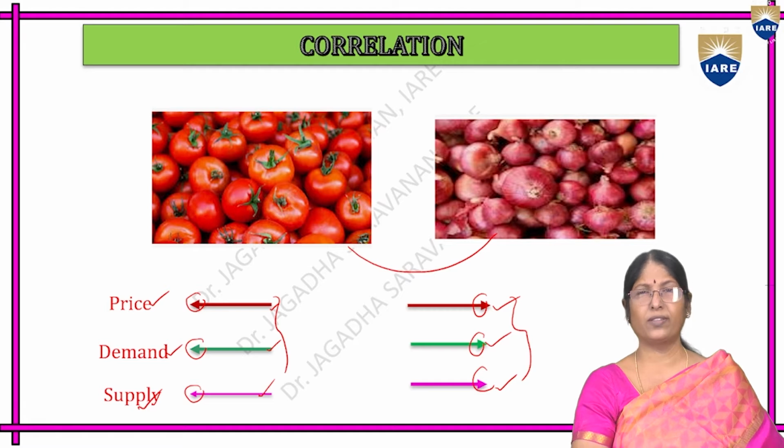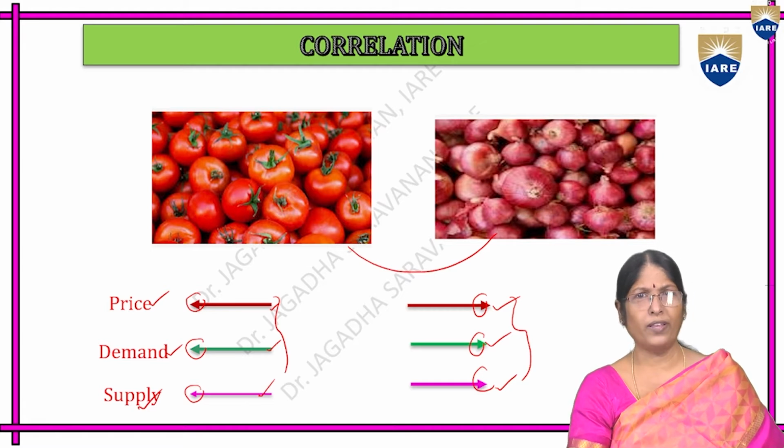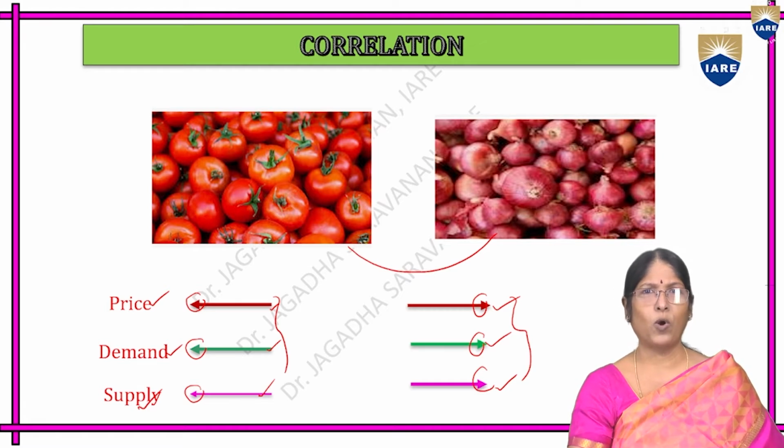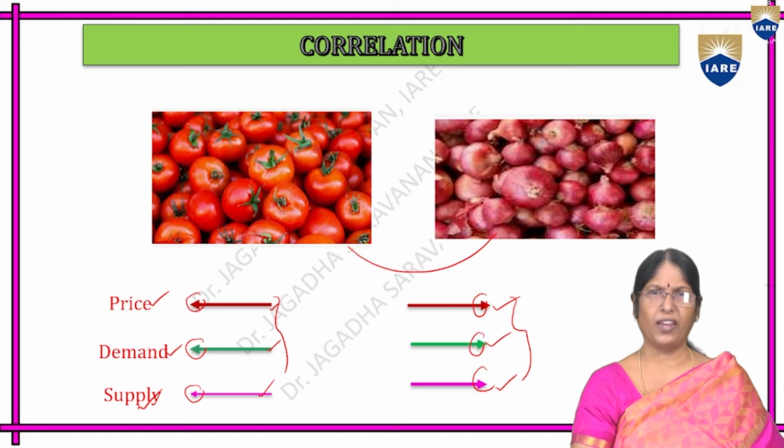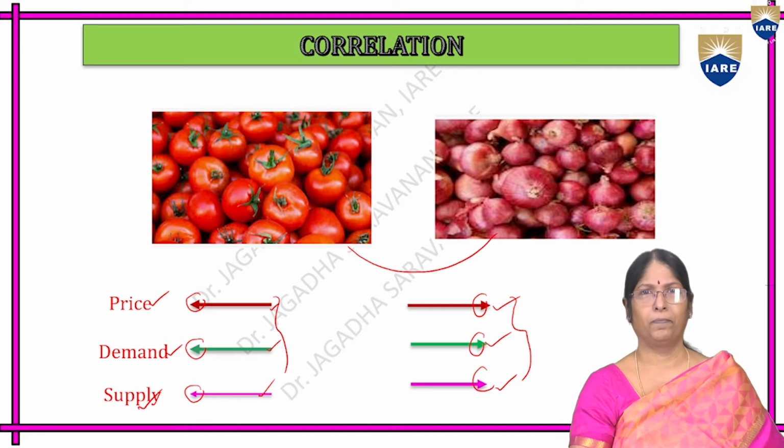But only one doubt is ringing in our mind. Is it always so? Even if the demand is more, supply is more, price is more. Why can't it be that sometimes the demand is less and the price is more? Opposite directions are also a possibility. So we are going to discuss in detail these variables we assumed, the price, demand and supply, or any relationship like teacher and student, father and son, mother and daughter.